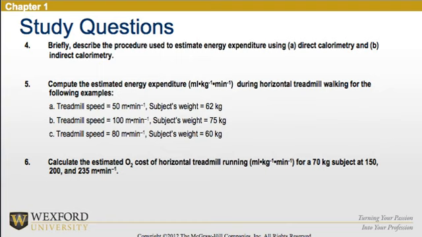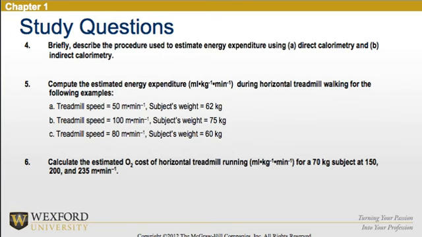Next, compute the estimated energy expenditure in milliliters per kilogram minute during horizontal treadmill walking for the following examples. Treadmill speed equal to 50 meters per minute, subject's weight 62 kilograms. Treadmill speed 100 meters per minute, subject's weight 75 kilograms.